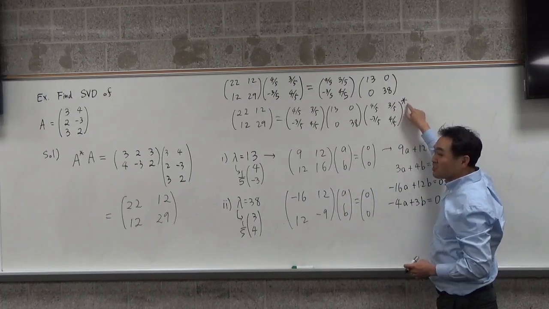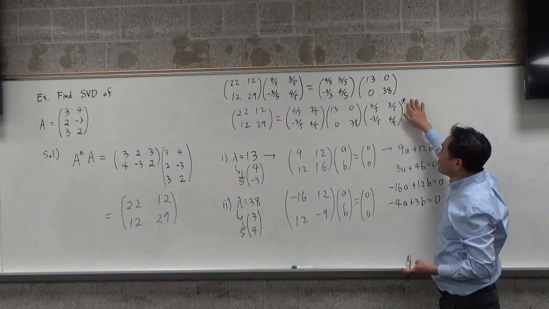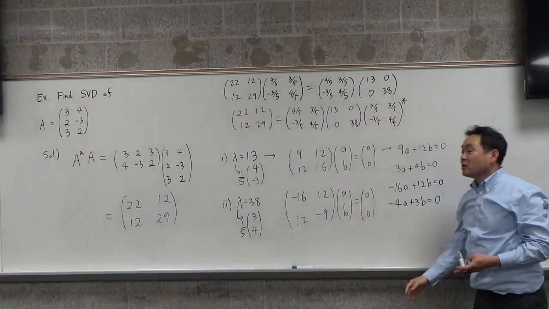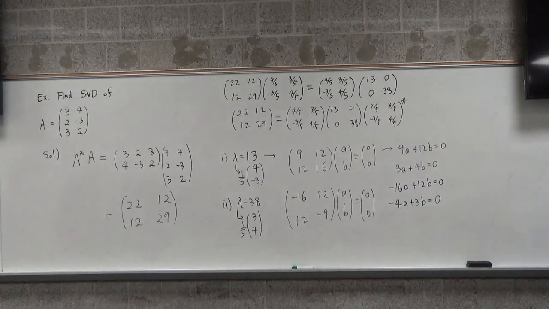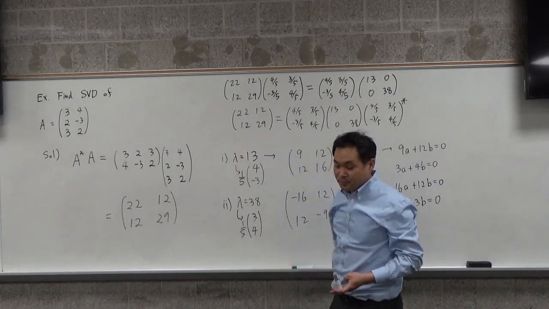Really, star is just transpose, okay? Yeah, and even the transpose is easy. It's just switching these two around. Okay. All right, so that is the diagonalization of this matrix, right?